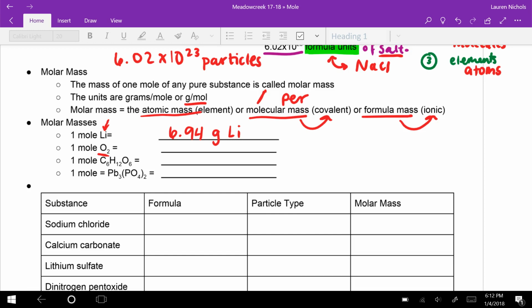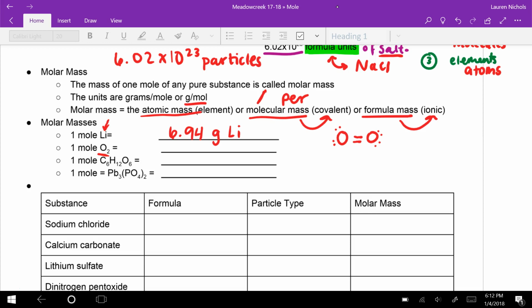I don't have just 1 oxygen atom. Remember, oxygen is covalently bonded when it's diatomic, and its Lewis structure looks like this. And so that means it's going to be a covalent compound, but both oxygen atoms are nonmetals. So that means I'm looking for its molecular mass or molar mass the way we calculated it in part 1 of the video.